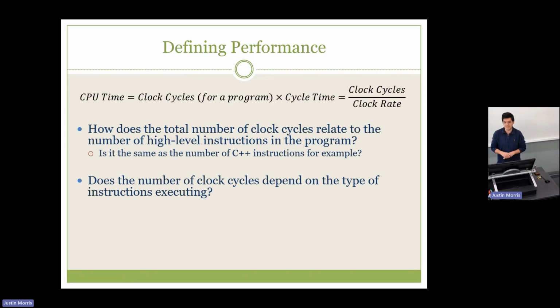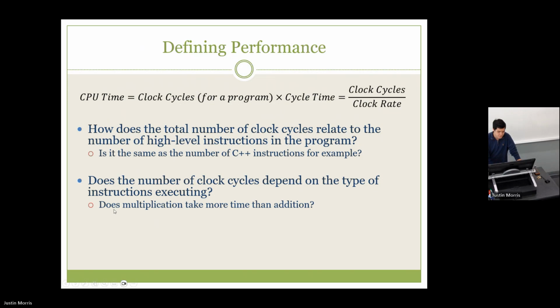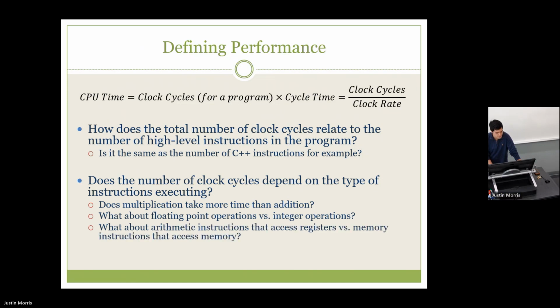So if you miss in the cache, and it's not there, then you have to wait for memory. So your memory instruction might take 150 clock cycles. Okay. And the other thing is multiplication and addition, but we also used the floating point example. So there's floating point versus integer. And then that's our memory access.